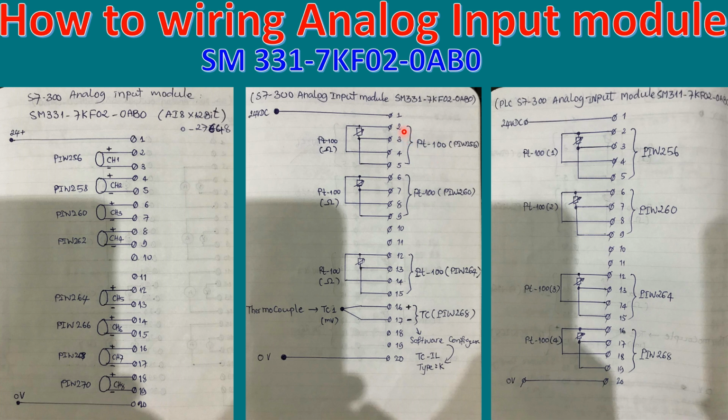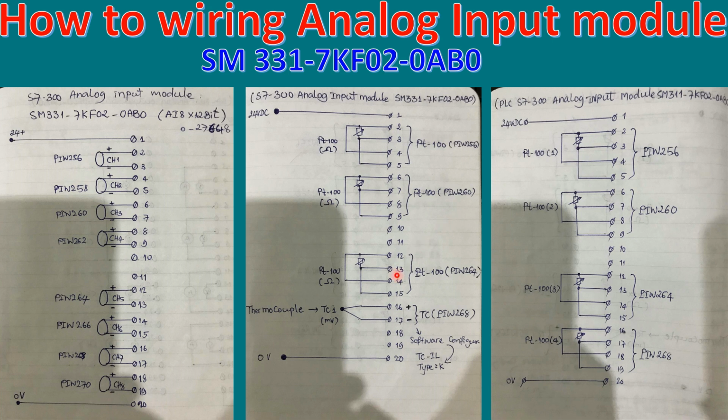We need to jumper terminal number 2 to terminal number 4, and terminal number 3 and terminal number 5 together, if we would like to connect directly from the PT100, and the address will start from PIW 256 also. Actually, this address everyone can change manually when making the hardware configuration. Okay, so this is the default address.